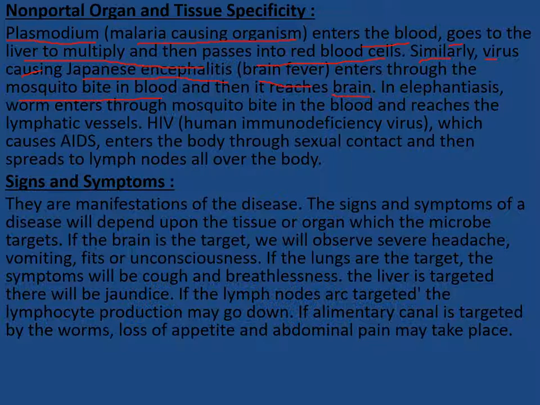In Japanese encephalitis, what happens due to the mosquito bite? They enter our blood like Plasmodium, and then through the bloodstream they pass to the brain and go inside the brain. Next, in the case of elephantiasis, the worm enters through a mosquito bite into the blood and reaches the lymphatic vessels.